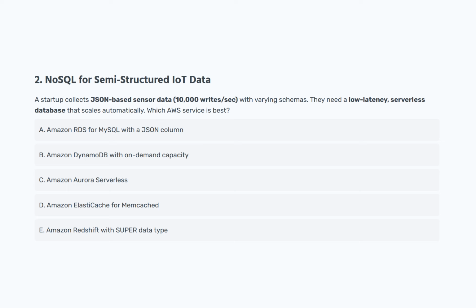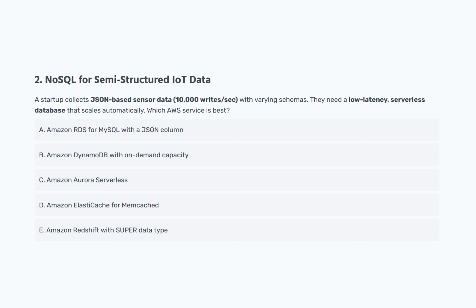So Amazon RDS for MySQL with a JSON column, yeah, it's not an efficient solution. DynamoDB with on-demand capacity. Yes, DynamoDB is fast, low latency, right? Serverless and scales automatically.